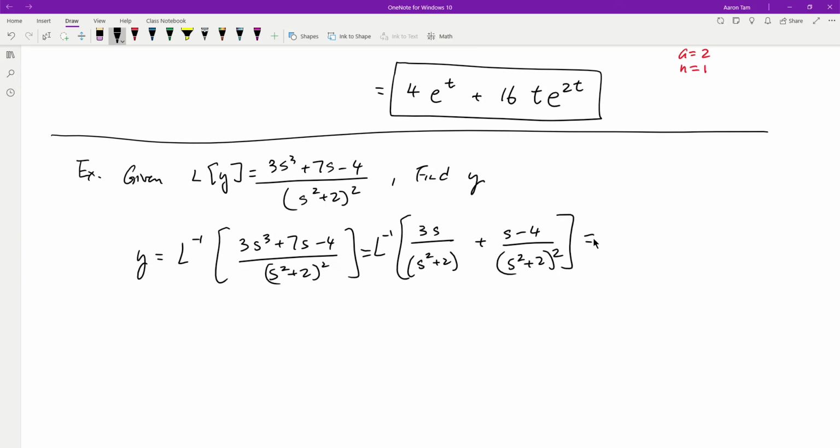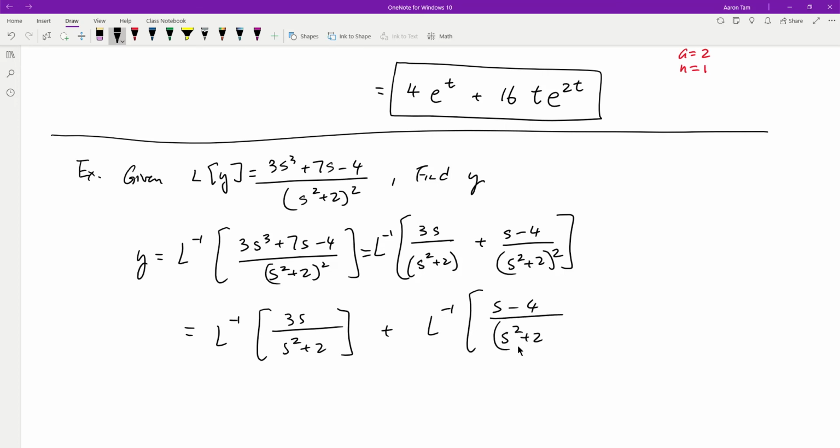So once again, what we're going to do is the following. Here, this is a little tricky because you have to identify the proper Laplace transform to use. So that would equal the Laplace inverse transform of 3s over s squared plus 2 plus the Laplace inverse transform of s minus 4 over s squared plus 2 squared.